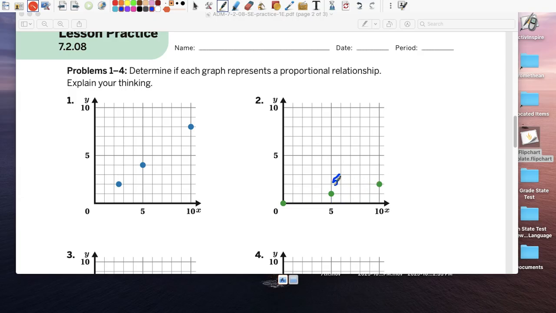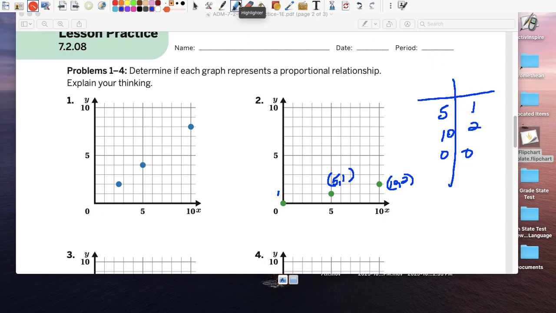This is 0.5, 1, because there's a 1 over here. This one is 10, 2. You can put it on the table: 5, 1, 10, 2, 0, 0, because we have that point. Find the constant of proportionality. Is it the same? Well, I'll actually do it. The constant of proportionality is times 1 over 5, times 1 over 5, or 0.2, however you want it.